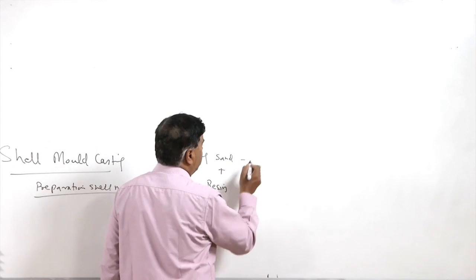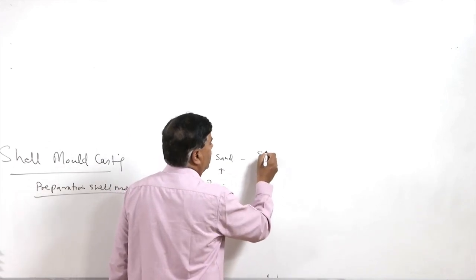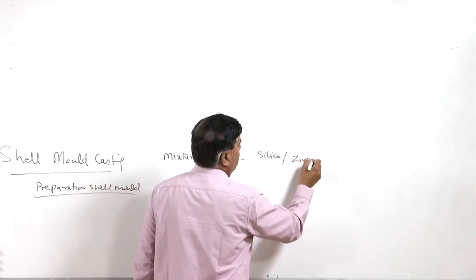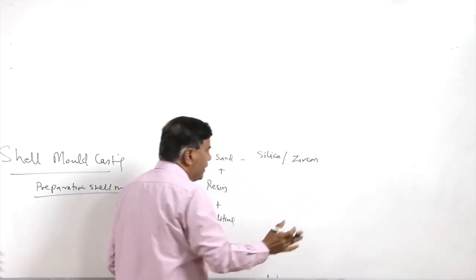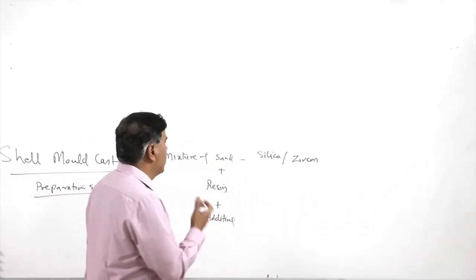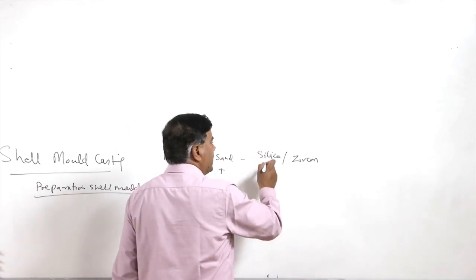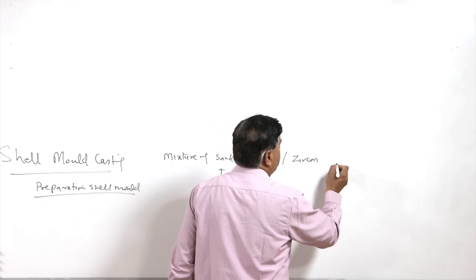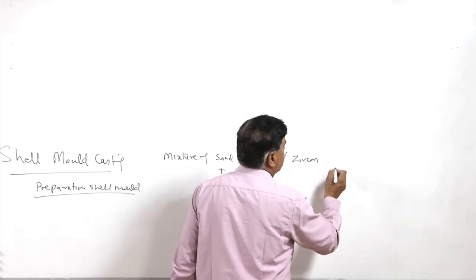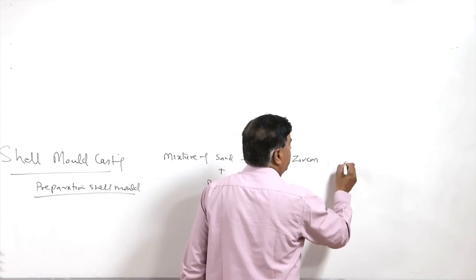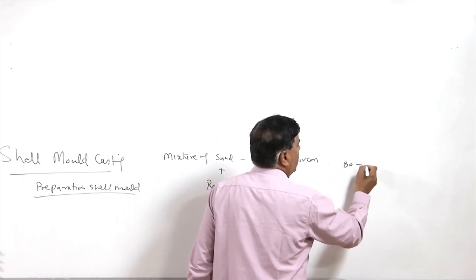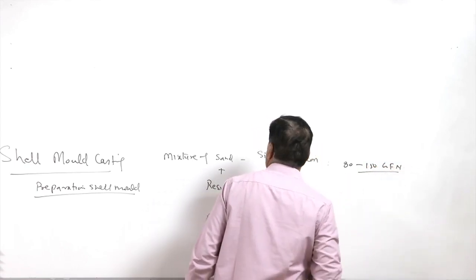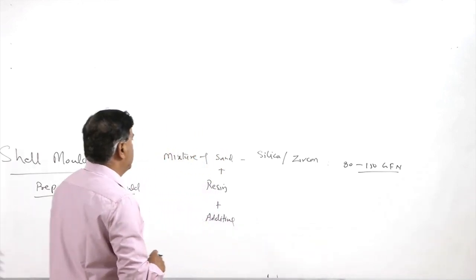The sand can be silica sand or zircon sand, and depending upon the metal to be processed, either silica sand or zircon sand or a mixture of the two can be used. Normally very fine sand grains, of grain fineness number 80 to 150, are used for preparing the shell.